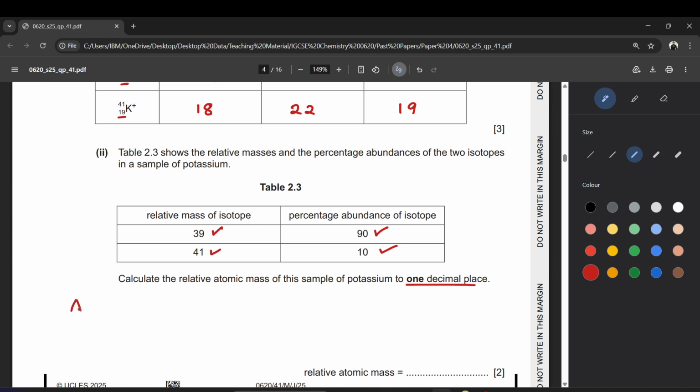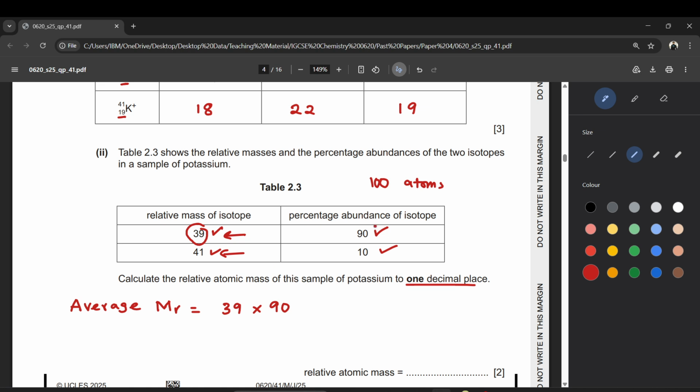Now, the general formula that we use is average MR is equal to, so first of all, I'm going to take this value 39 and I'm going to multiply this with its given percentage abundance. Because if let's say that I have 100 atoms, out of which 90% are going to be of this isotope and 10% are going to be of this isotope.